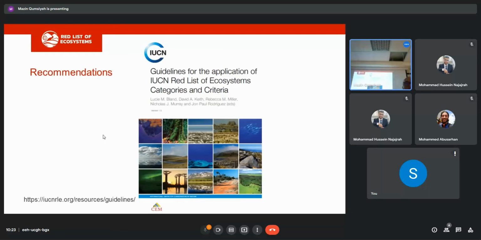Supporting tools. The main one is the Guidelines for the application of the IUCN Red List of Ecosystems Categories and Criteria. It's a book you can download on the IUCN Red List of Ecosystems website. It explains in very good detail how to proceed.